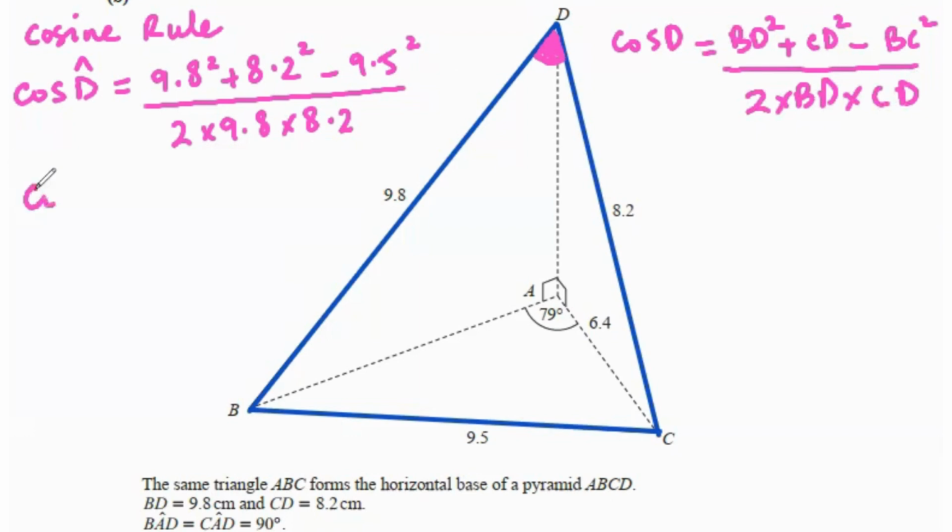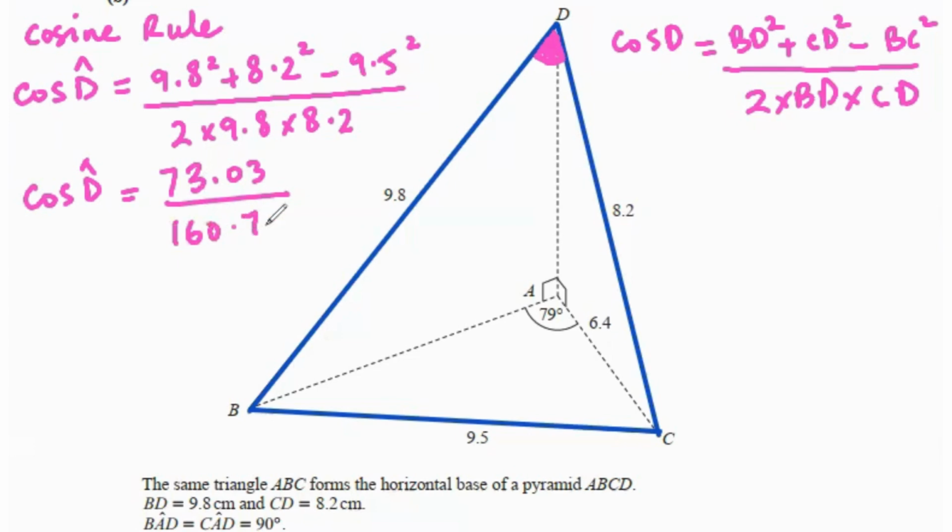So I'm going to solve this now. This entire thing is going to equal, 9.8 square plus 8.2 square minus 9.5 square is 73.03, divided by 2 times 9.8 times 8.2.